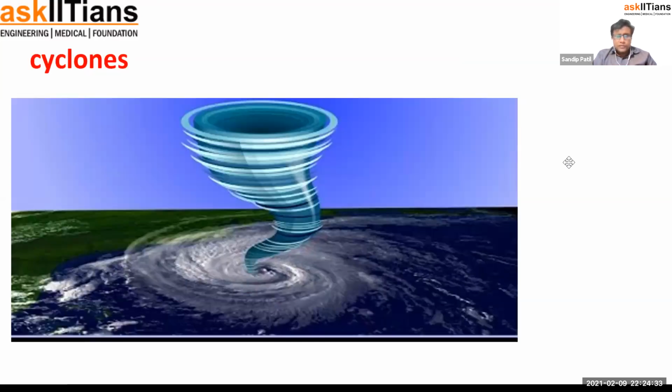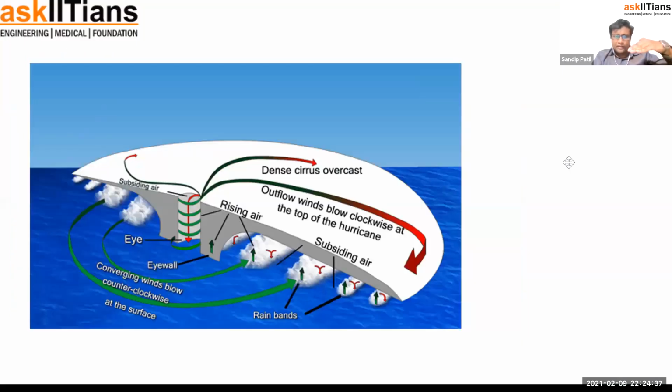So you can see this tornado has some height, right? As the cyclone, the main thing at the center of the cyclone is called the eye, right? In that eye, the central part, there is not that high speed wind.